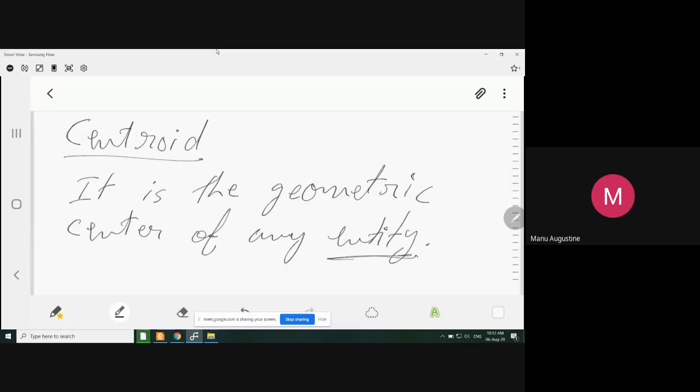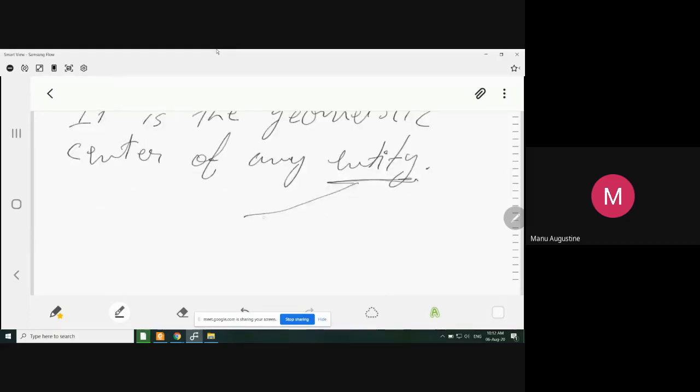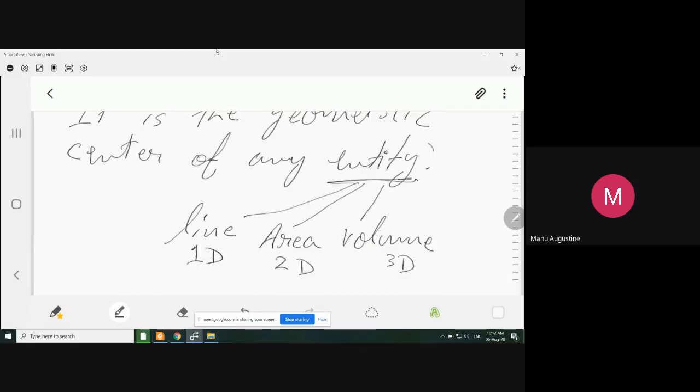Entity means it could be a line, the entity could be an area, the entity could be a volume. So it could be a three-dimensional figure, it could be a two-dimensional figure, it could be a one-dimensional figure. That is the essence of the word entity here. So if I use the word entity, everything is covered in this.